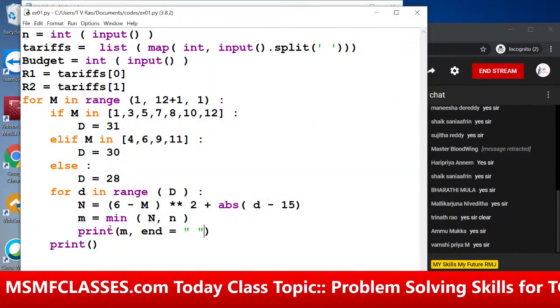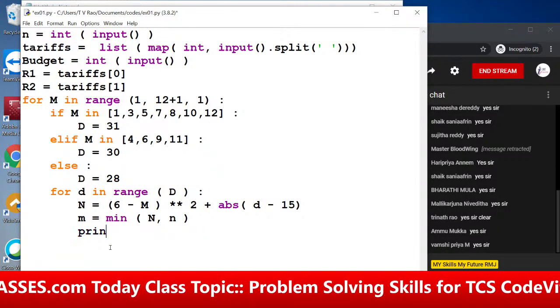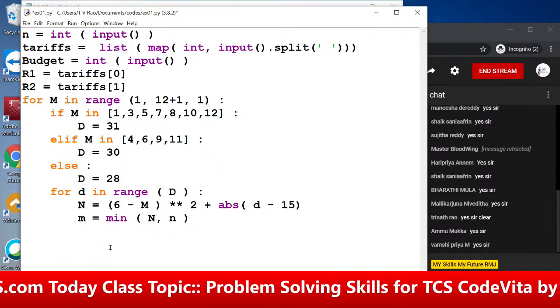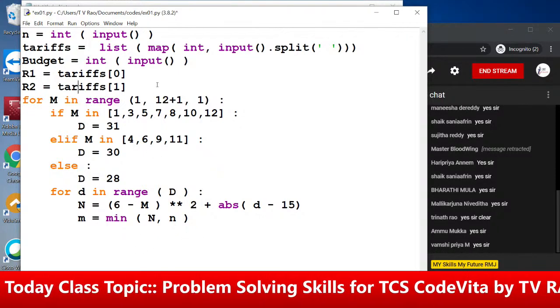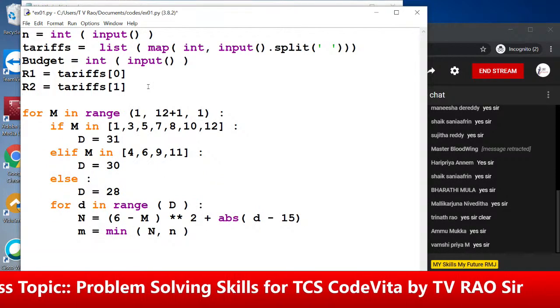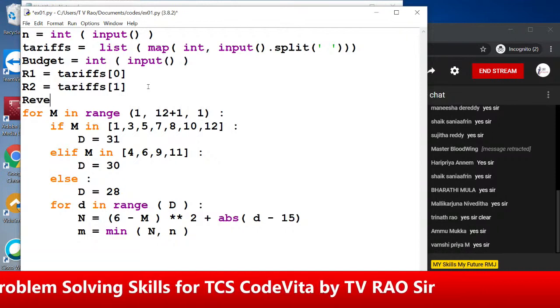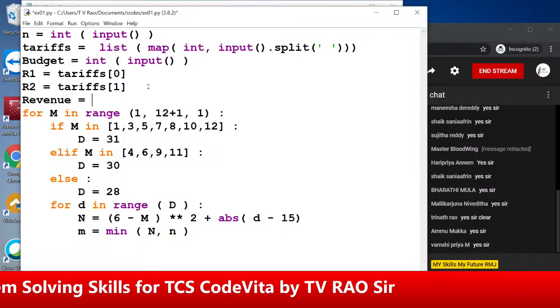Okay, now let us create one list. This is called revenue.